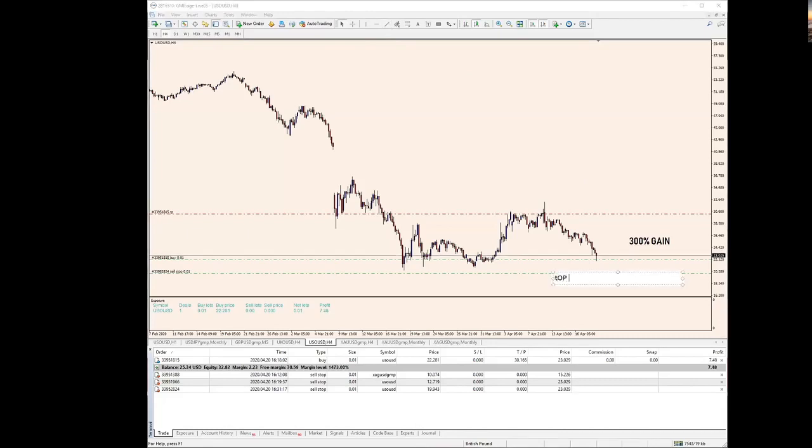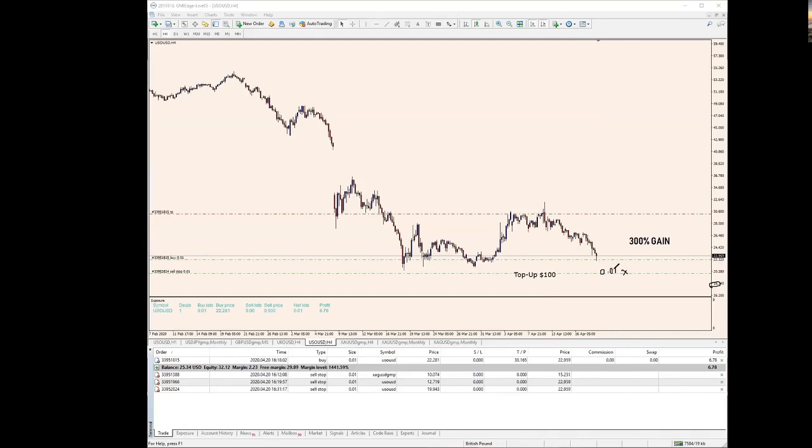Let's say I'll top up 100 USD, and I will release this sell stop, and I'll buy another 0.01 over here, and I'll put my ground zero at $18.